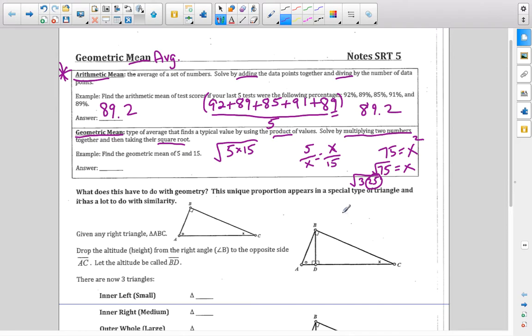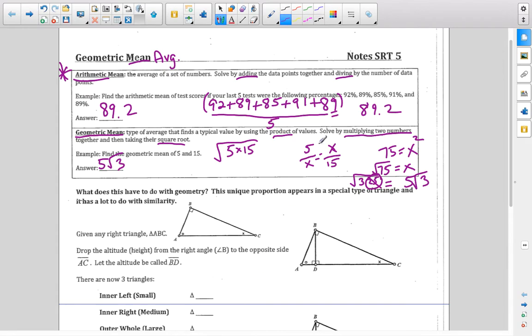What number times itself equals 25? That's right, it's 5, so that comes out. That takes care of that 25, but that 3 has to stay in. So my answer, instead of square root of 75, simplified 5√3.